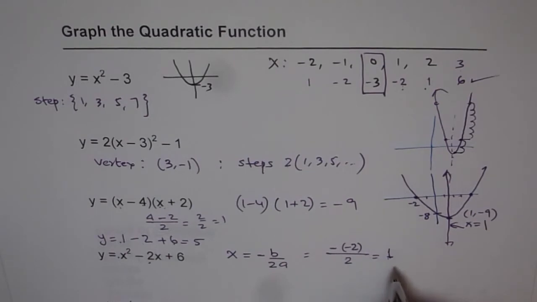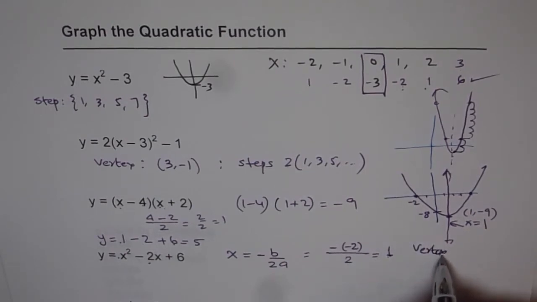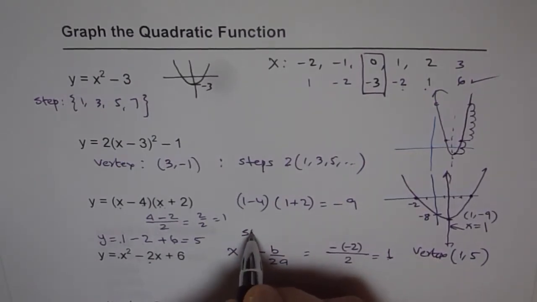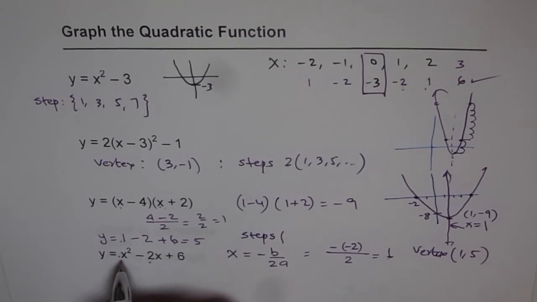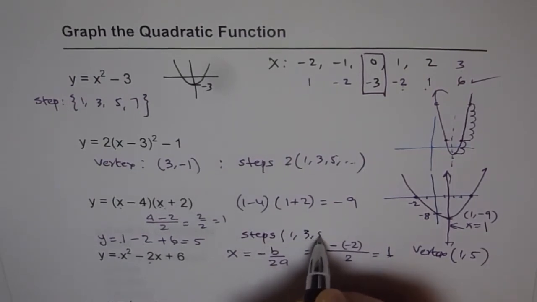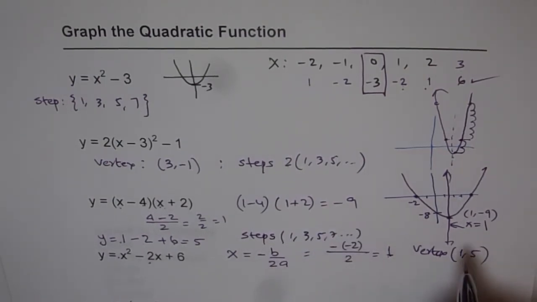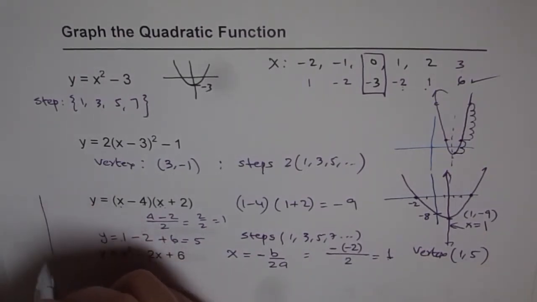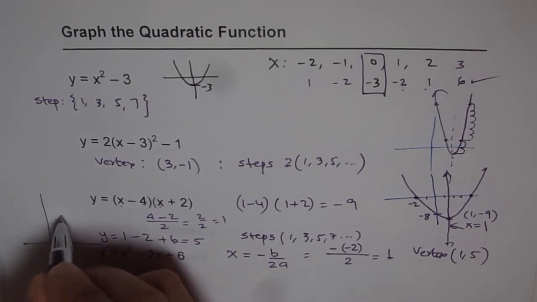Your vertex is at 1, 5. Do you see that? 1, 5 is the vertex. And what are the steps? In this case, the steps are 1 times 1, 3, 5, 7, and so on. So start with the vertex, which is at 1, 5, right? So in a graph, 1, 5 will be kind of here, right?